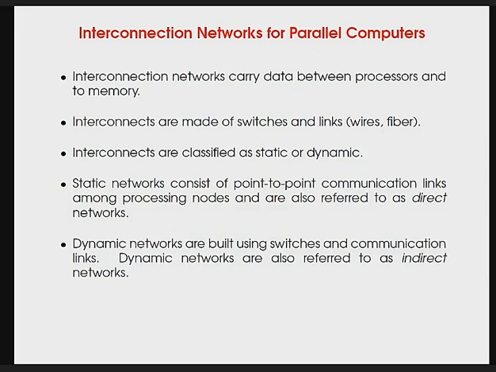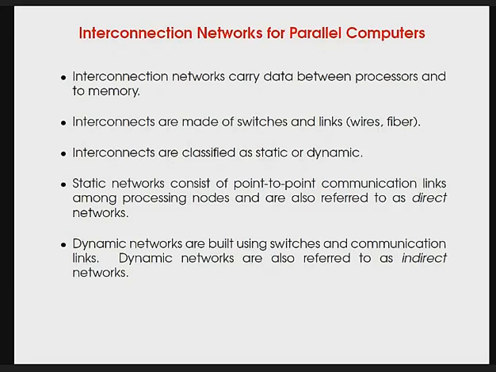There is a switch present between the processing nodes, and via the switch you can communicate with the different processing nodes in the network. The connection in a static network is considered a fixed one. That's why it is considered a static network. In a dynamic network, the connection is not a fixed one.